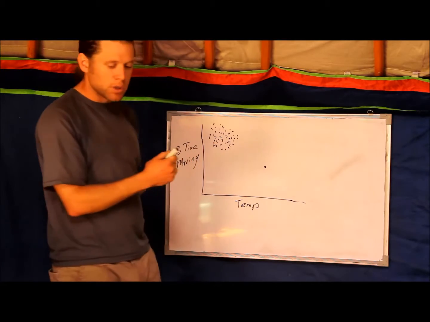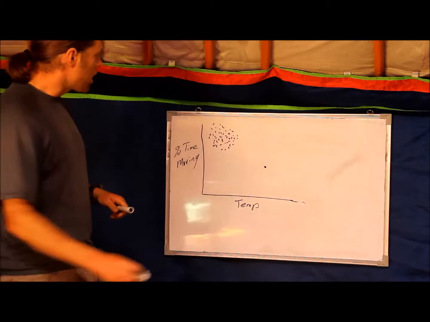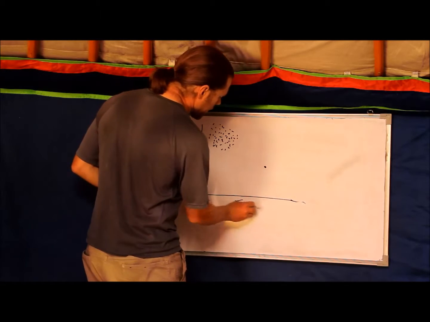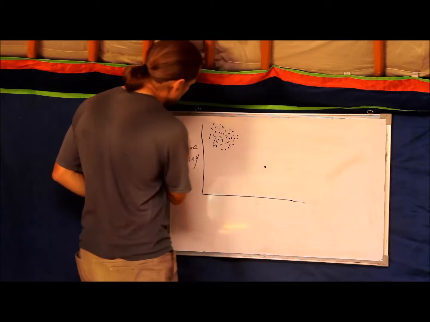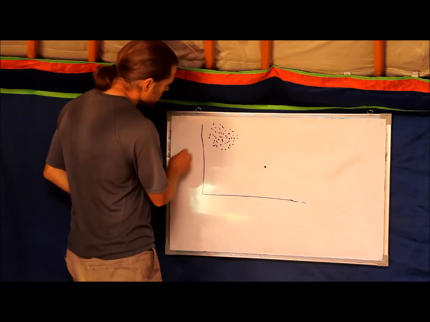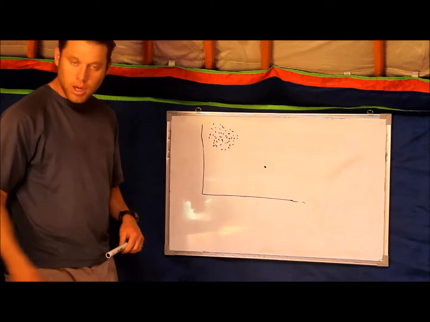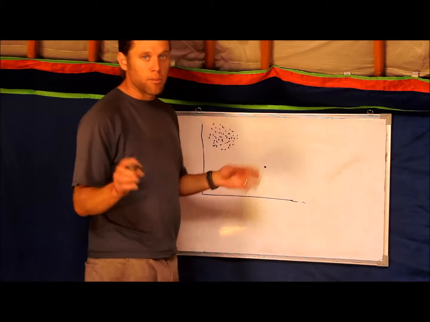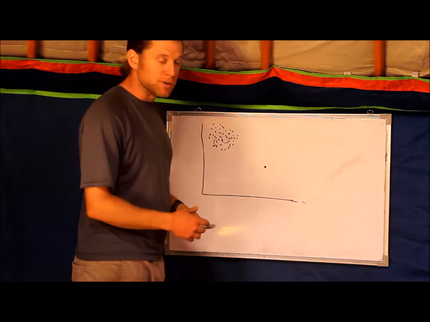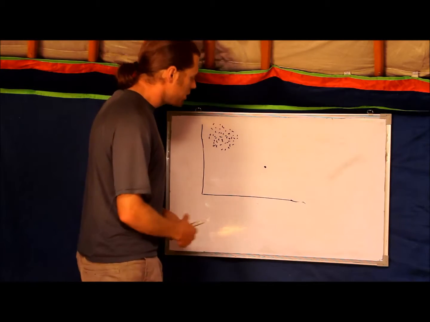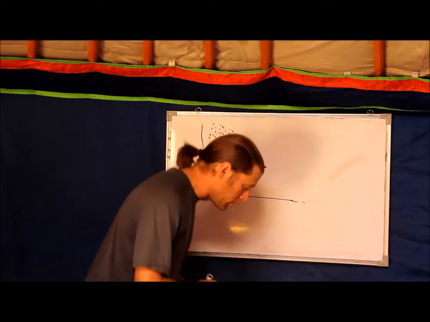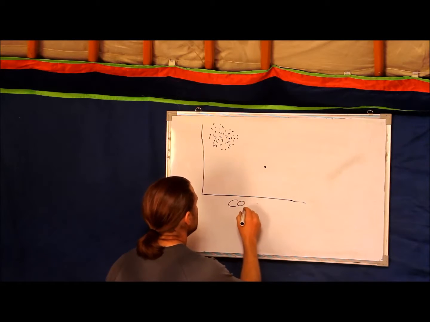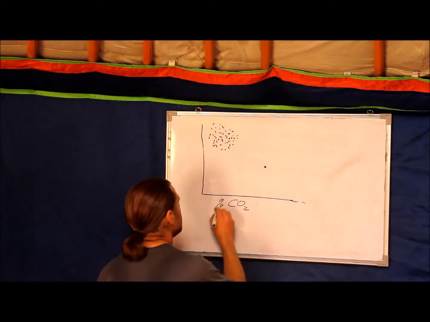So let's change this graph, and let's say that we were looking at vultures, and we're capturing vultures. I don't know anything about blood physiology, but let's say that we're looking at blood chemistry in vultures, and here we have carbon dioxide in the blood, so percent carbon dioxide.